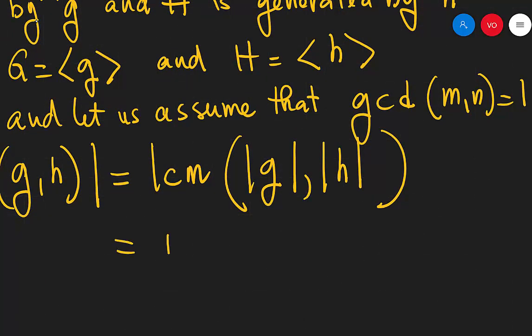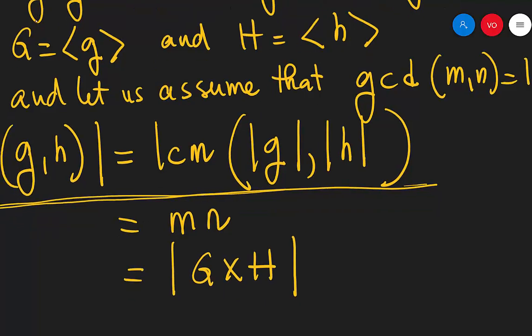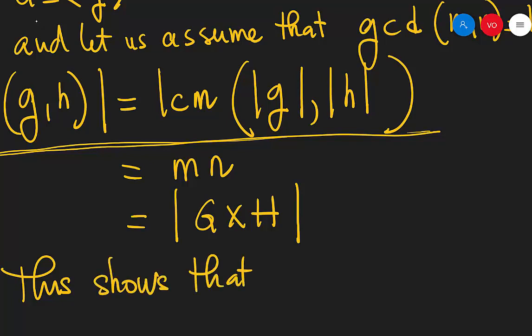But this must be M times N, right? And so this fact is coming from our previous results, which we have already proved. Since M and N are relatively prime, the least common multiple is essentially the product, and this is in fact the order of G direct product H. And this shows that G cross H is indeed cyclic.